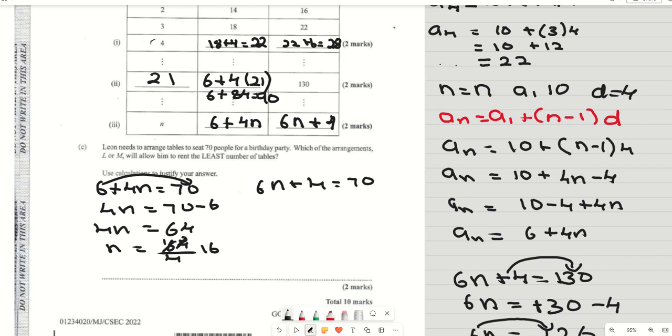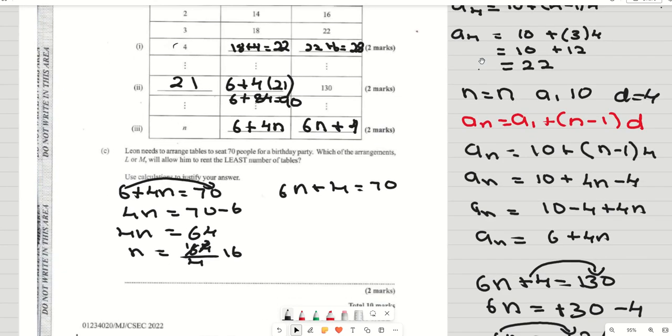If you use arrangement L, you would need 16 tables, right? If you use arrangement M, let's see how many tables you would need. This is 6n is equal to, let's carry across plus 4, that's 70 minus 4. 6n would be equal to 64.